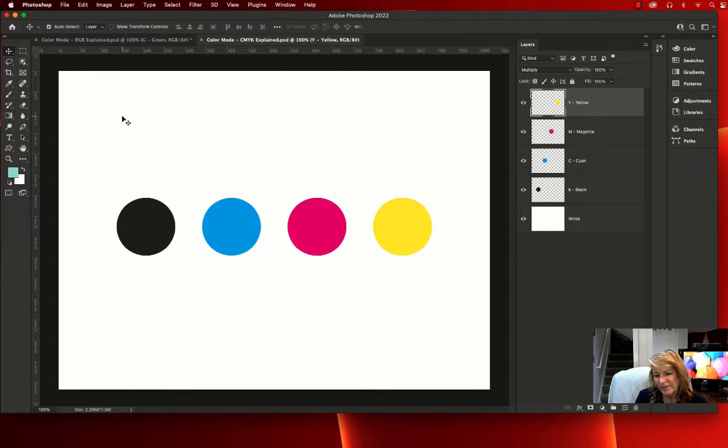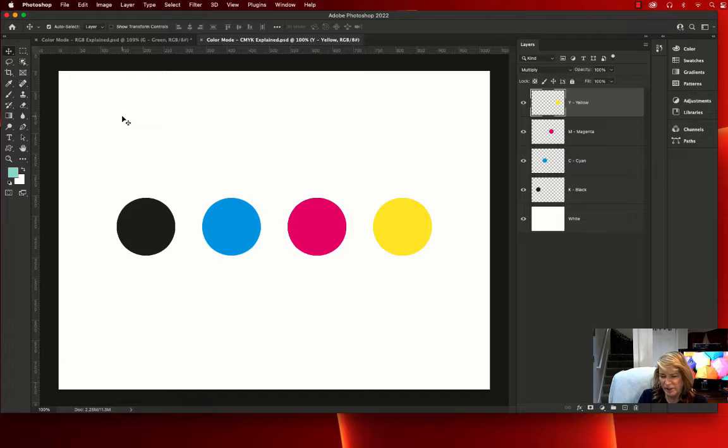So the CMYK is a little different than the RGB color mode. Keep in mind there are lots of different color modes in the industry for print and for digital. In this course we're focusing on the RGB and the CMYK color modes. CMYK is based on ink, and as I mentioned in the RGB video, RGB and CMYK are opposite color modes.